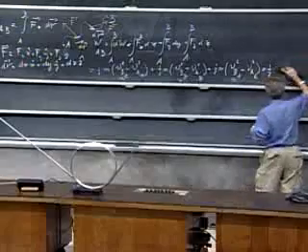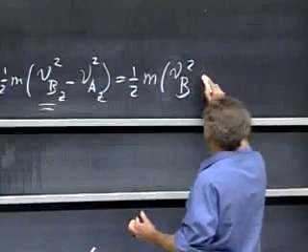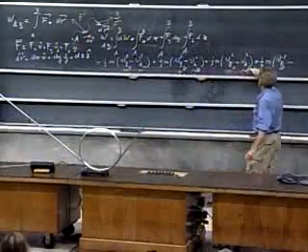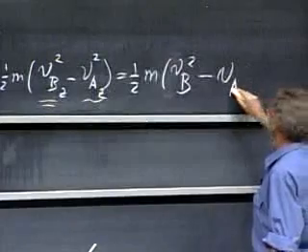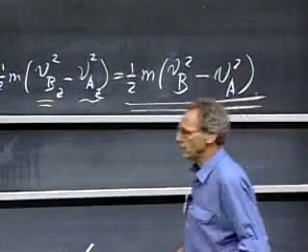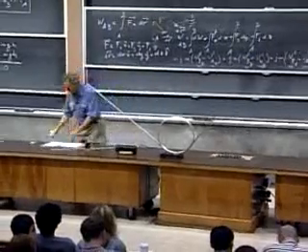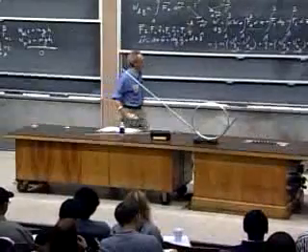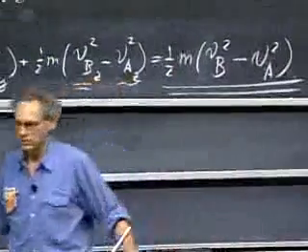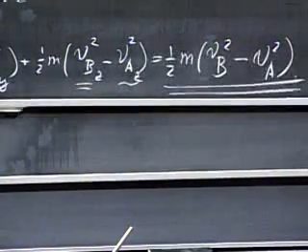Let me put my m in there. 1/2 m times vb squared, and here you see the x squared, y squared, z squared components, minus va squared, and you get exactly the same result that you had before, namely that the work done is the difference in kinetic energy. You can always think of these as speeds. Velocity squared is the speed. It's the magnitude squared of the velocity.